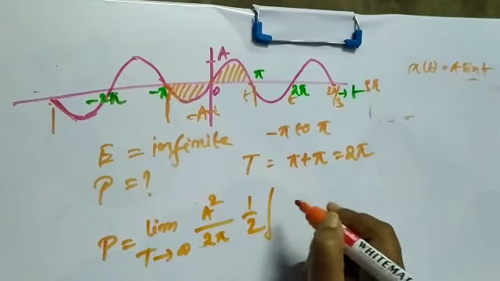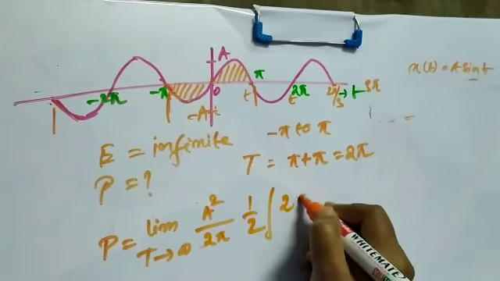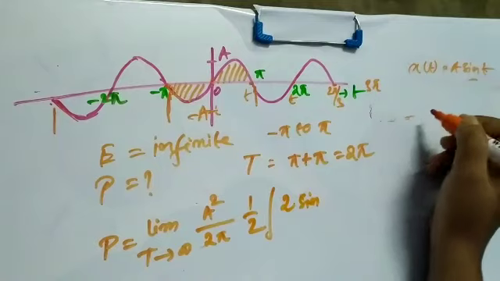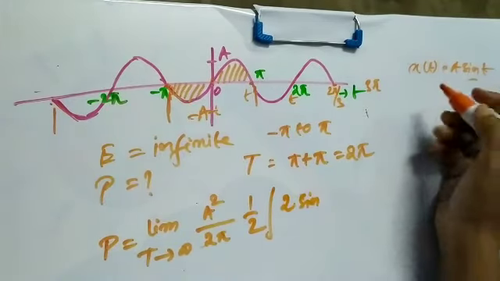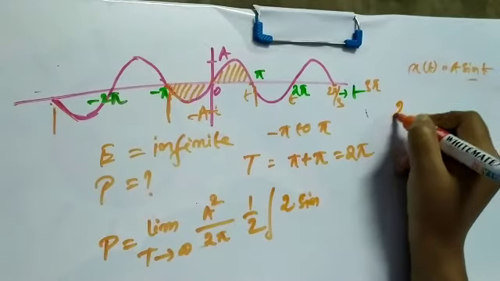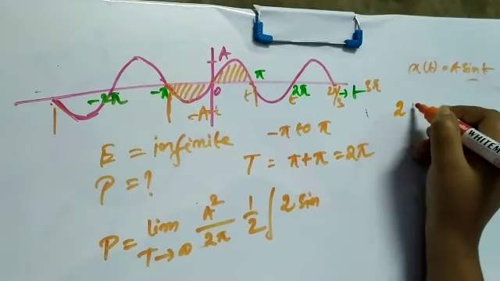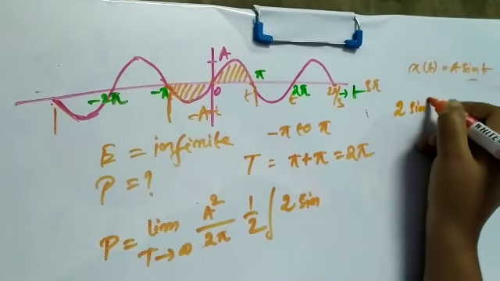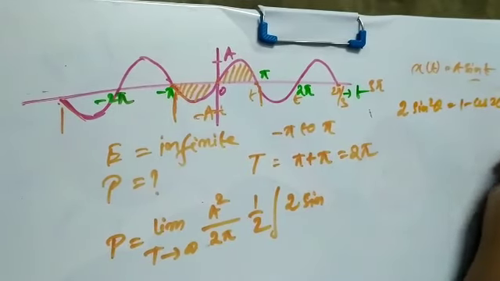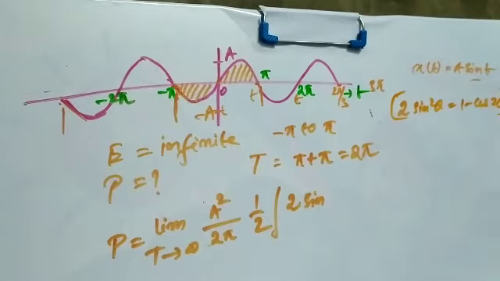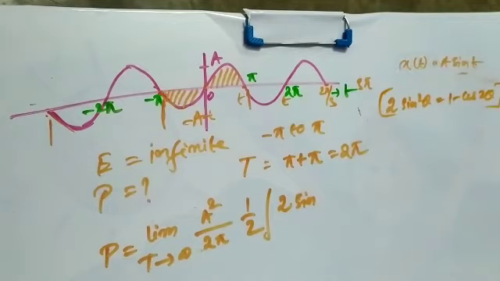Half is represented here, why? Because I can write 2 sine square theta equals 1 minus cos 2 theta. It is the trigonometric formula used in higher secondary classes.